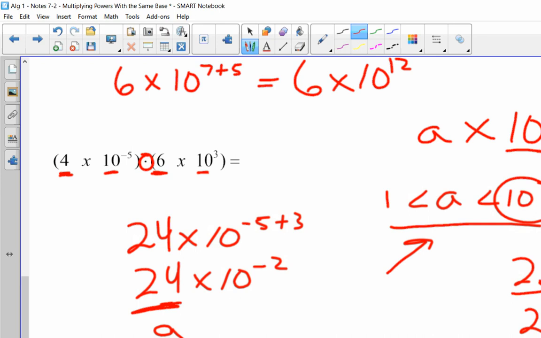Okay, so I'm going to get 2.4 times 10, but these exponents here really are identifying how many decimal places I have in my number. So by me moving it to the left one, I'm going to add 1 to this guy.